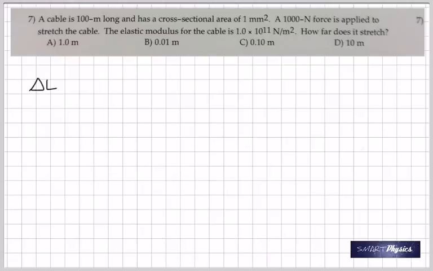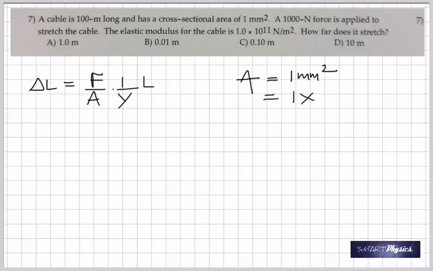In the seventh one, this is to do with Young's modulus and it's a direct question. We know that the extension is given by this formula. The area of cross section is 1 millimeter squared, which when you change into meter squared is 1 times 10 to the negative 3, because 1,000 millimeters make a meter, but then you've got to square it, so it becomes 10 to the negative 6.